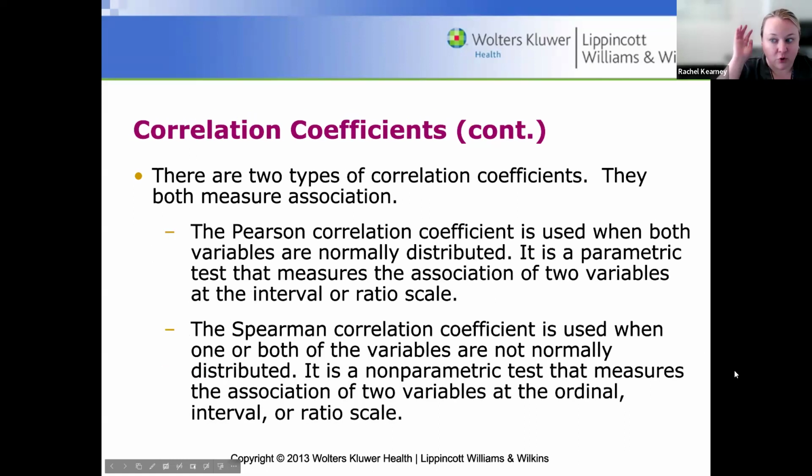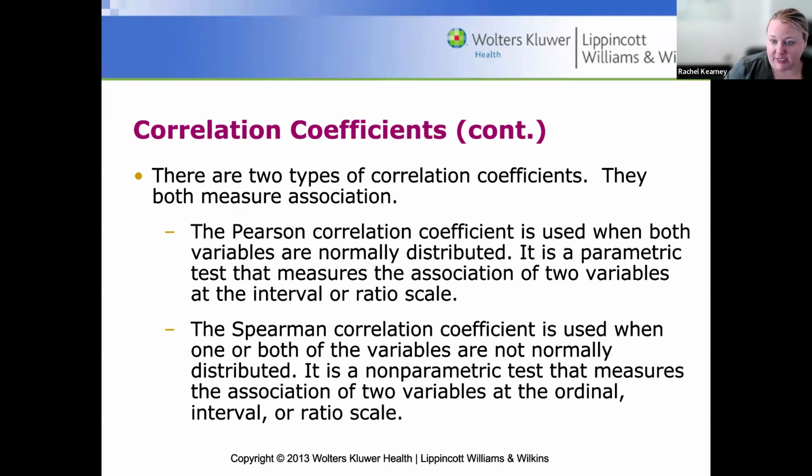There are two types of correlation coefficients that you'll see used, and they both measure association. So there is the Pearson and the Spearman. The Pearson correlation coefficient is used when both of the variables are normally distributed, a parametric test, as you've seen with some of our other types of tests, and the association of two variables are in the interval or ratio scale.